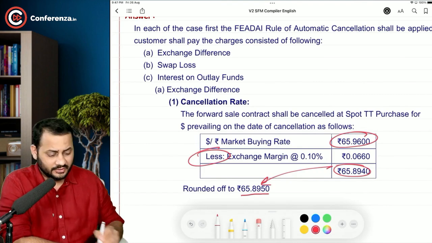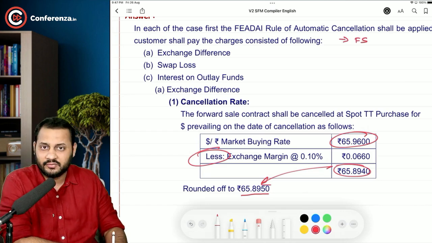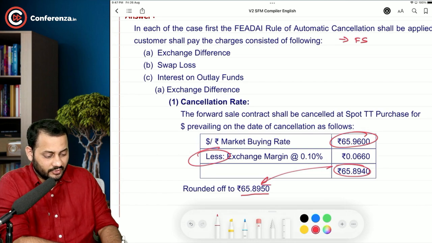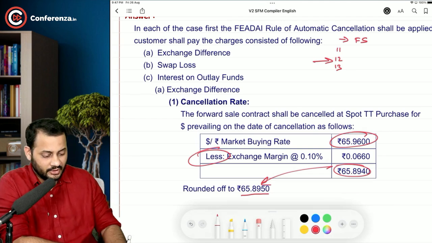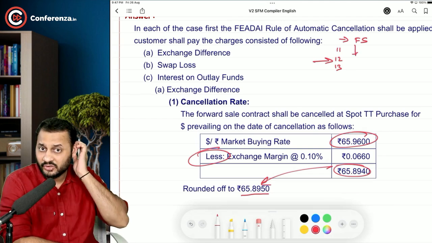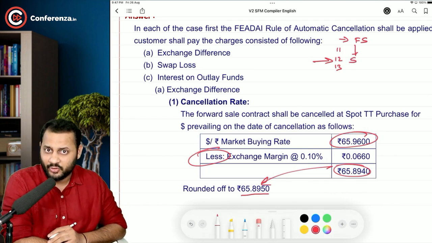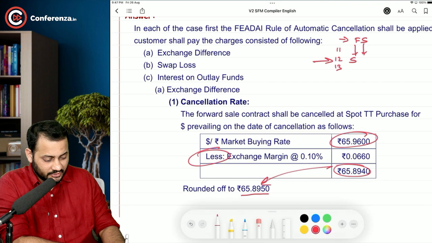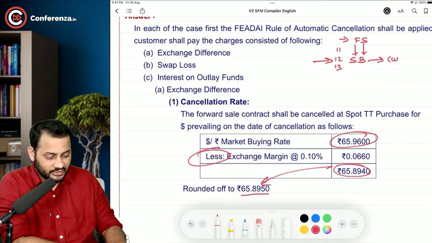How did we decide this? Simple. Bank had a forward sell contract with the customer and there were only 3 days available with the customer. He came on 12th of September. So bank cancelled it. In order to cancel, we take the opposite position. So we will cancel first on spot. In place of sell we will buy, and we are doing it with the customer itself.